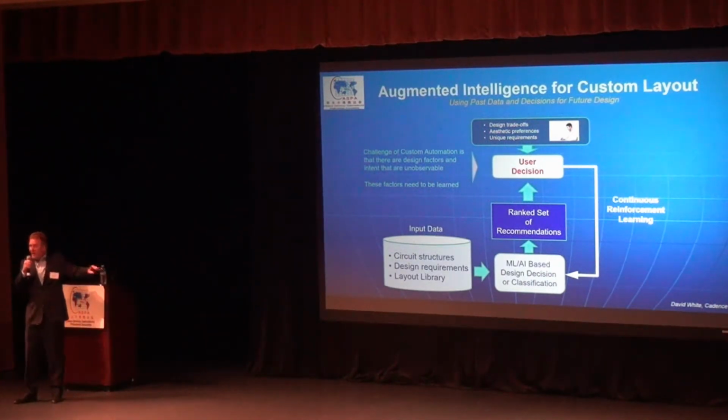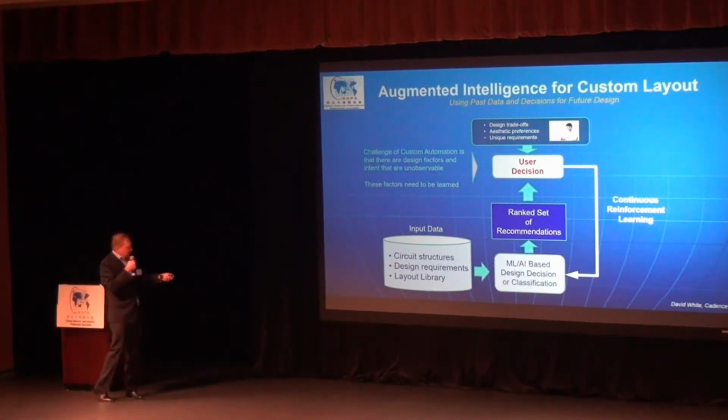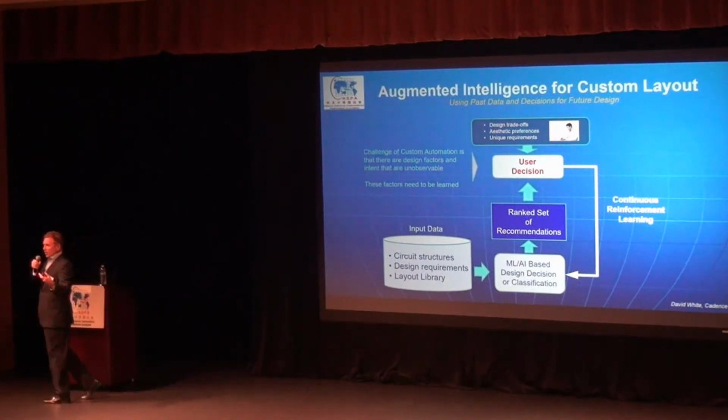That's the data we do have. And then we use that data to develop our machine learning or AI models. And then we use those models to recommend various placement and routing topologies, for example, to the designer.